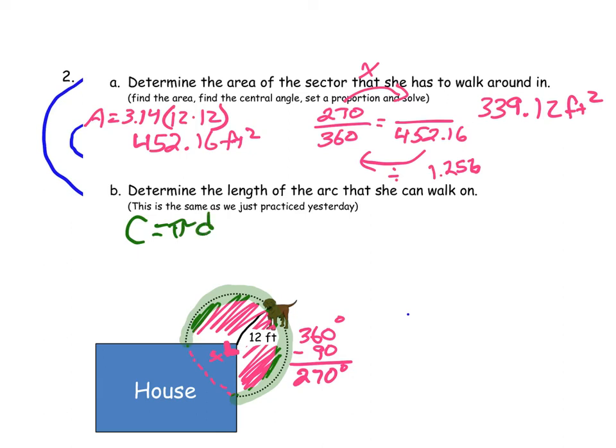Now, remember, we have the radius in this problem. That's what they gave us. But I need the diameter. So the diameter across the circle is just 2 times the radius. So the diameter is 24. So it's going to be 3.14 times 24.